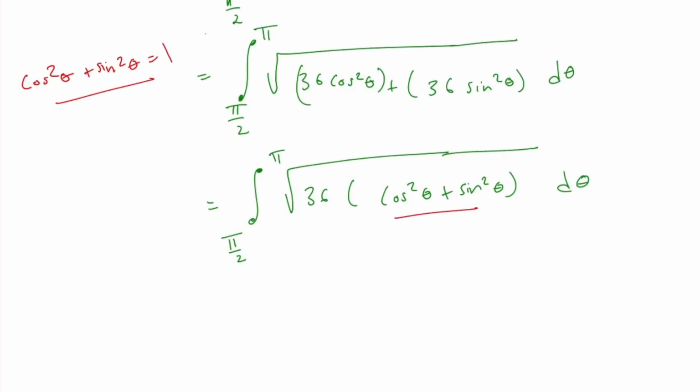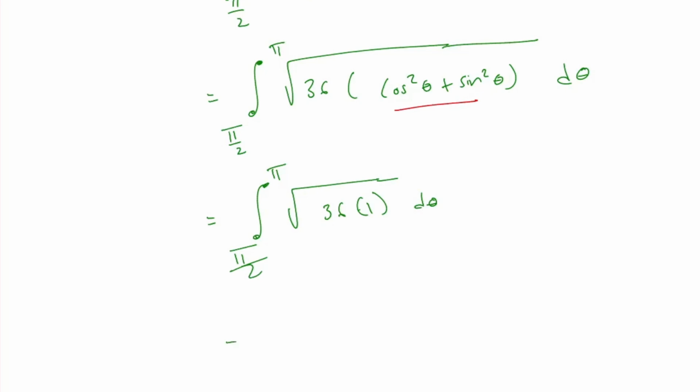So it's going to be equal to the integral from pi over 2 to pi of the square root of just 36 times 1, d theta. And we know that that's going to be equal to 6.